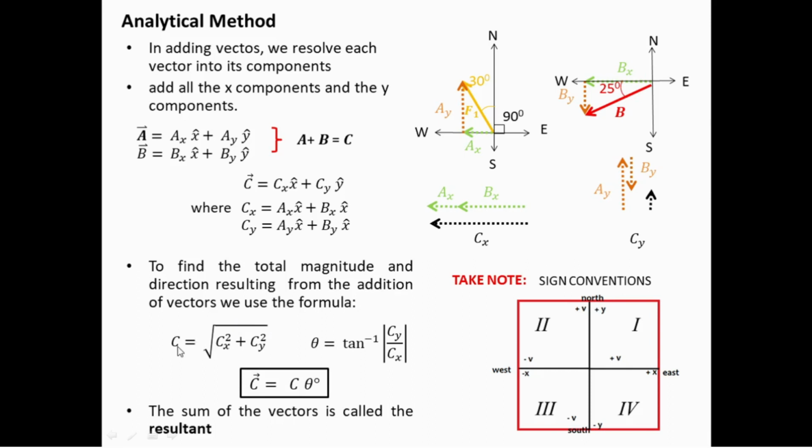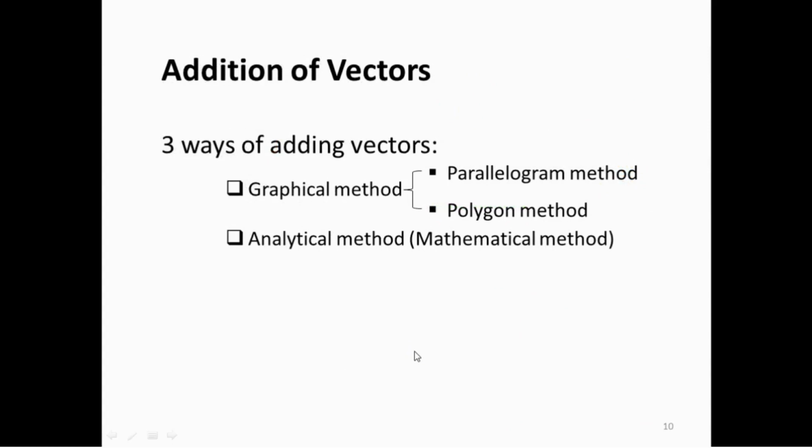So all you have to do to get the magnitude of the vector c is to get the square root of the square of the x component obtained here, and add that to the square of the y component obtained here so that you can get the magnitude. And if you wanted to get the reference angle, or the direction where this vector c is pointing towards, you have to use this equation as mentioned a while ago here in the previous slides.